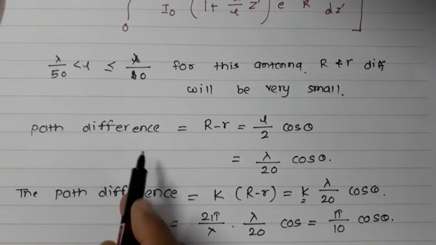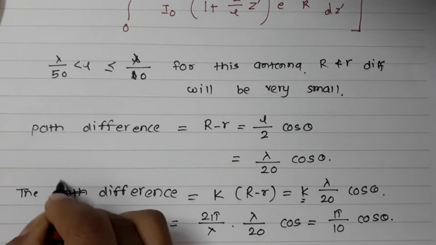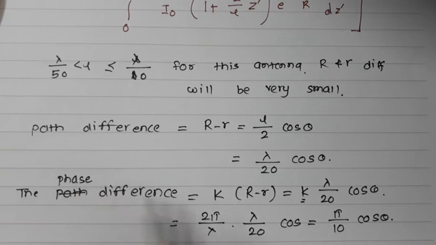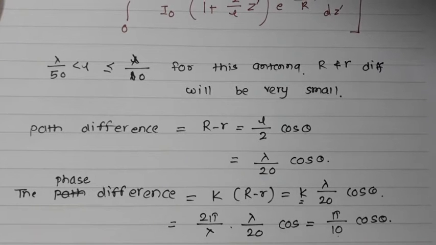So here I have calculated the path difference and here I have calculated the phase difference. The phase difference is k into (r minus r dash), which is nothing but pi by 10 cos theta.